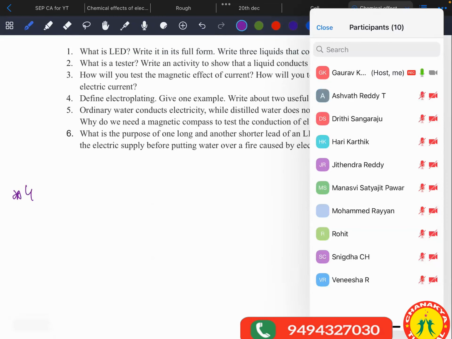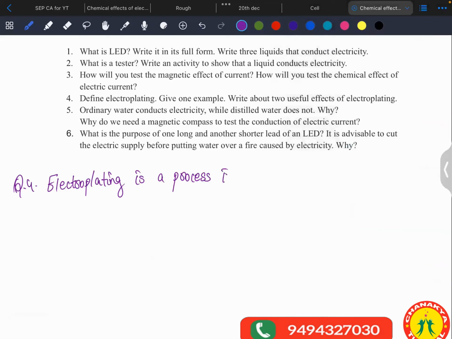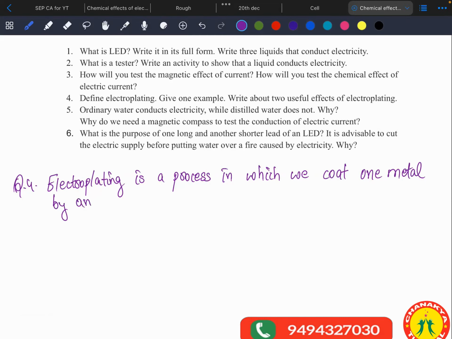So, question number four. Electroplating is a process in which we coat one metal by another metal.